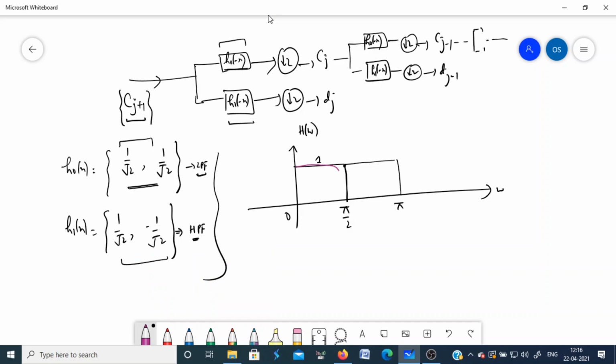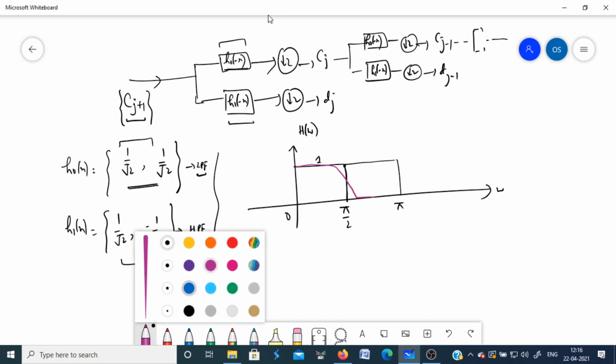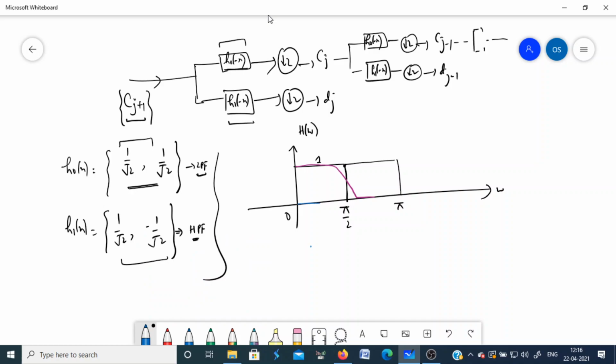You will have a filter like this, and another filter which is a high pass filter, it will be like this. So this is your H1(omega), this is your H0(omega). They basically split the spectrum of the signal into two parts, low frequencies and high frequencies. These are the low frequency components, and these are the high frequency components.